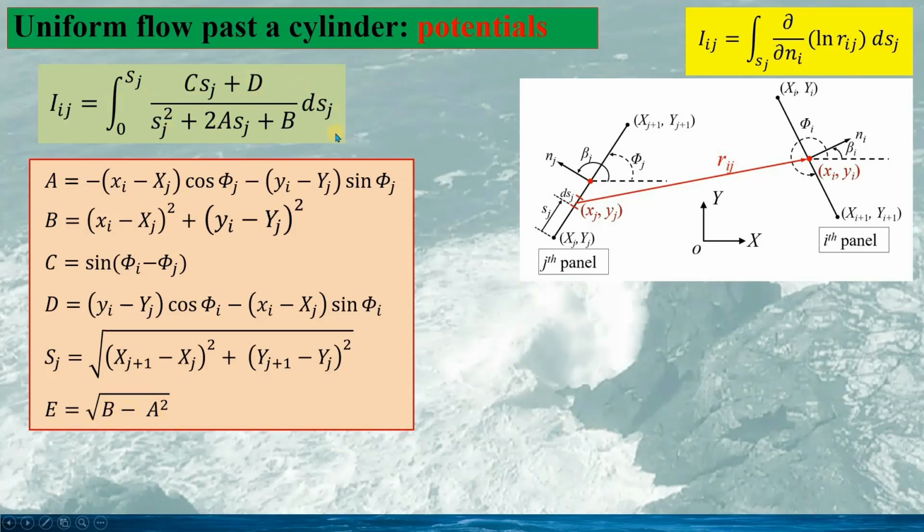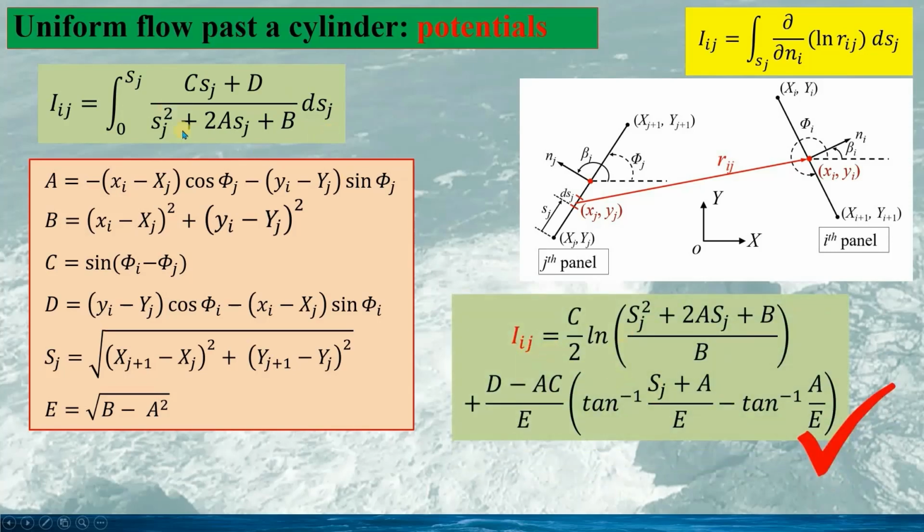Obviously, this integral is integrable, and we integrate this, and we have the expression for capital Ij given as this. And it should be noted here, since these two panels can be on any structures, not just on the circle, the expression for capital Ij is correct for all 2D panels.